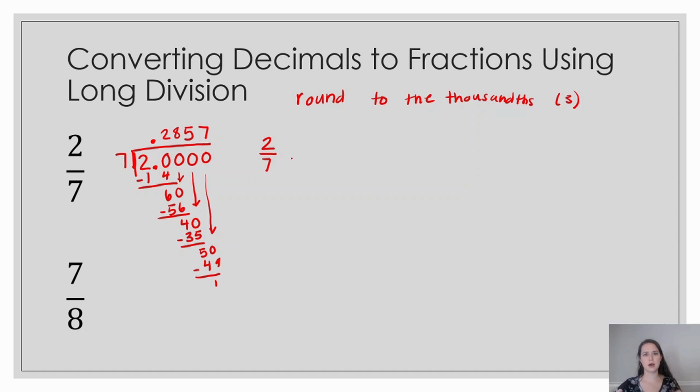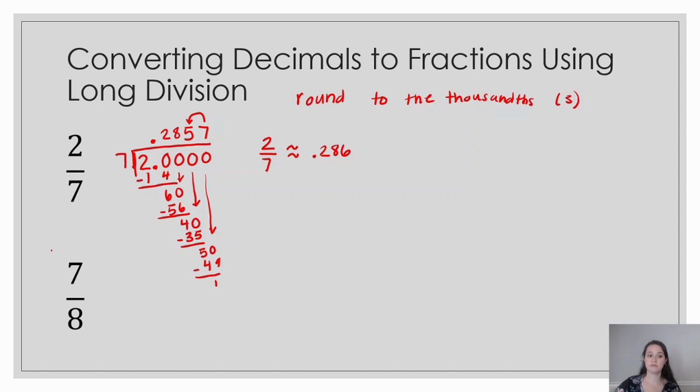And because I cut my decimal off, I'm going to make an approximation. Say it is approximately 0.286, because I took my 7 and I rounded my 5 up to a 6 because 7 is bigger than 5. Some rounding review for you there. Alright, so that's if it keeps going.